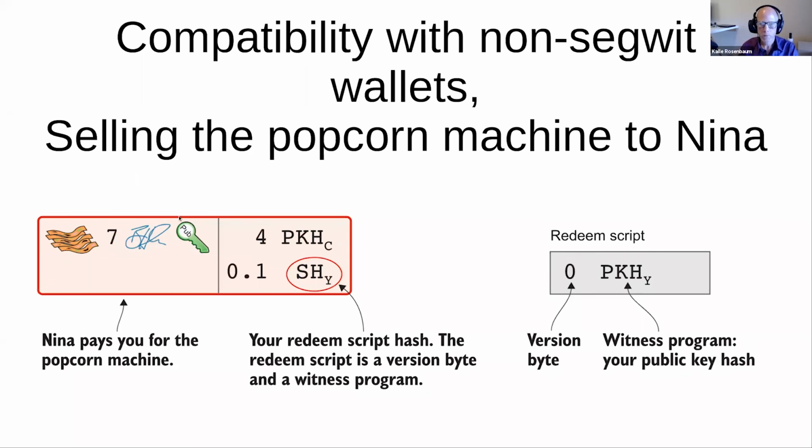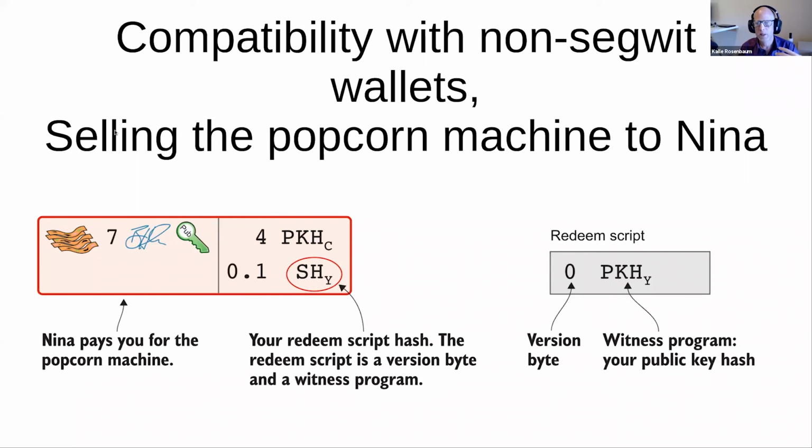So for an old wallet that doesn't understand SegWit, you could create a pay-to-script hash address that would be a wrapper of a pay-to-witness public key hash address, so to speak.